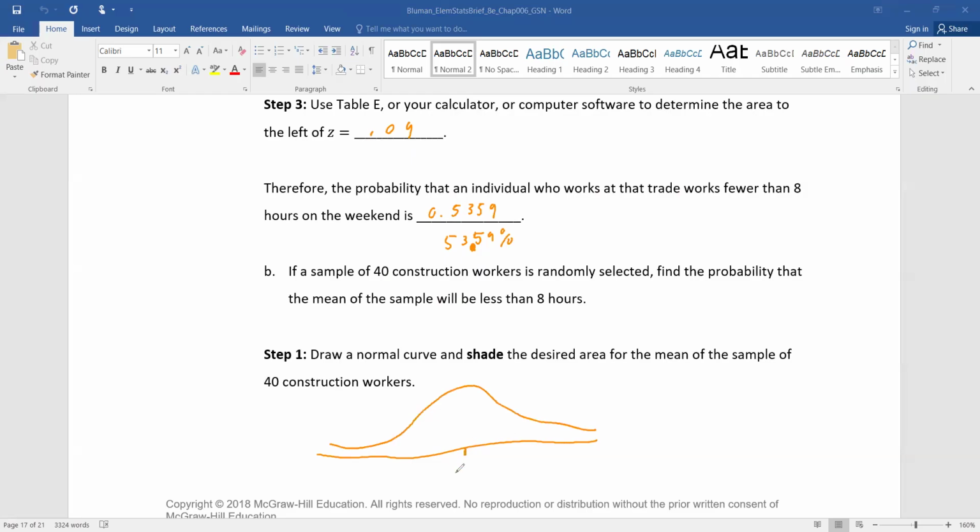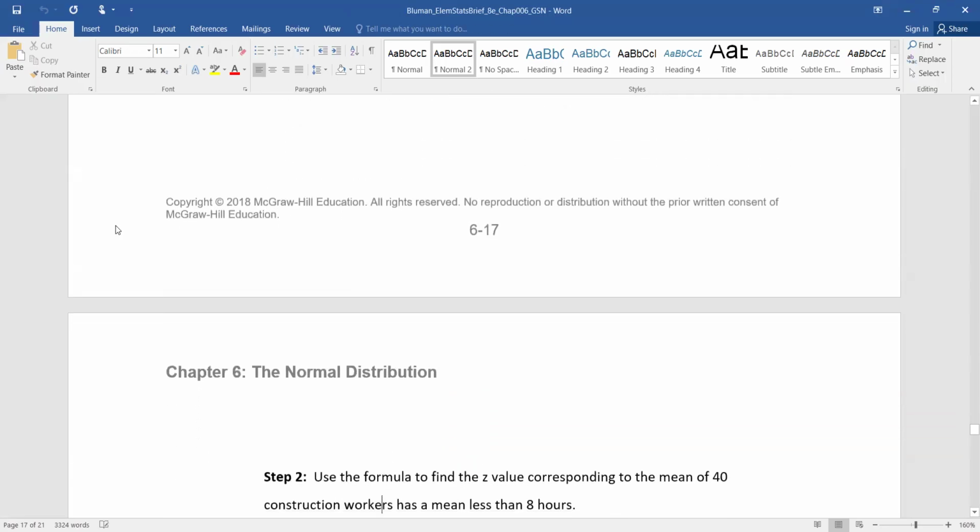Here, the mean again was 7.93. And we want to know the desired area for the mean of the sample of construction workers. Find the probability that the mean of the sample will be less than 8 hours. So again, it's very similar. We're looking for fewer hours, fewer than 8 hours, sorry. Less than 8.